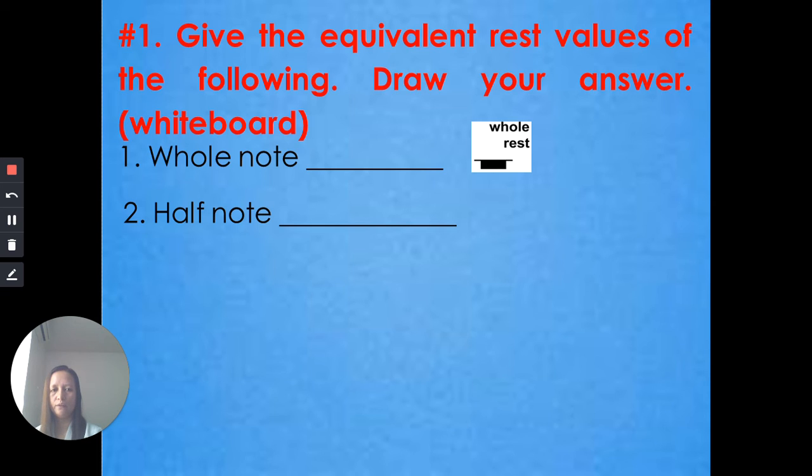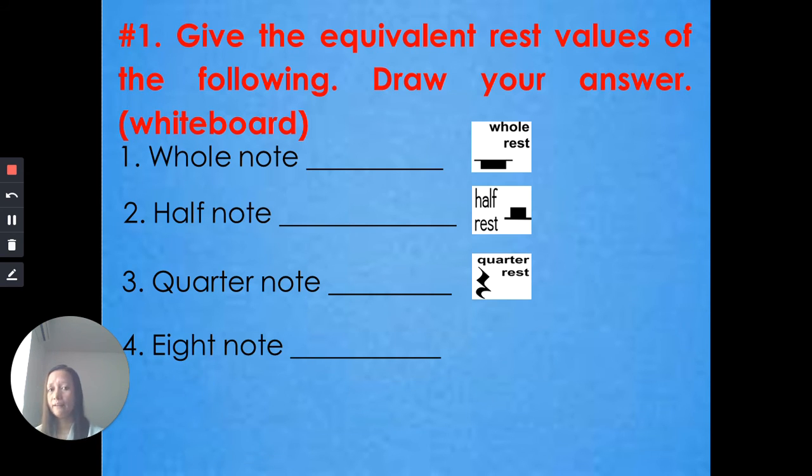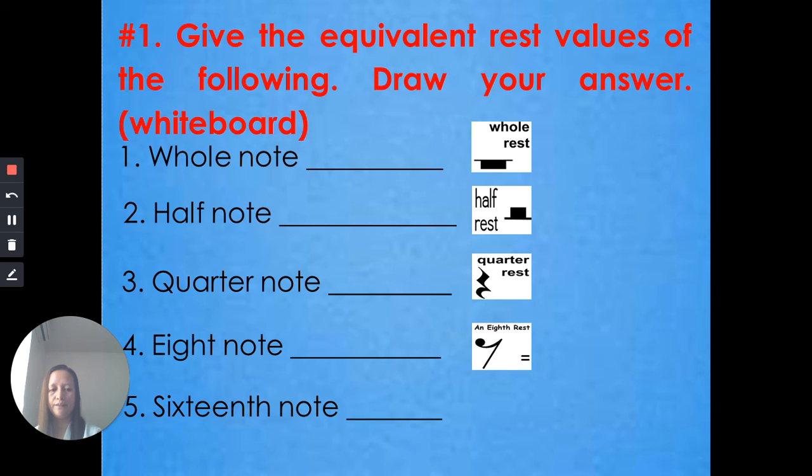Half note. Quarter note. Eighth note. And 16th note.